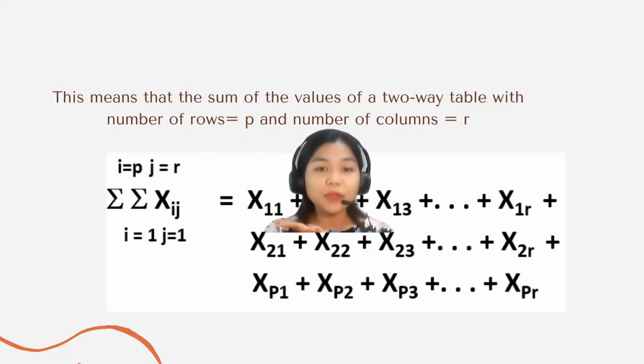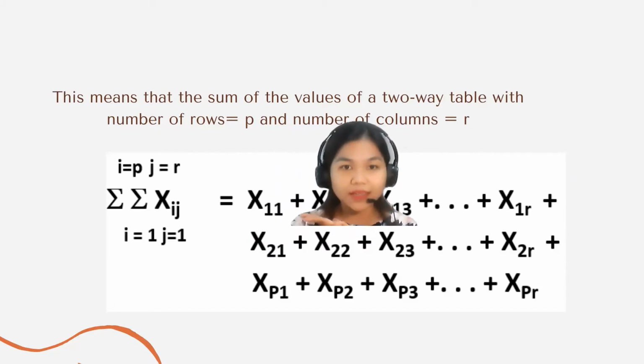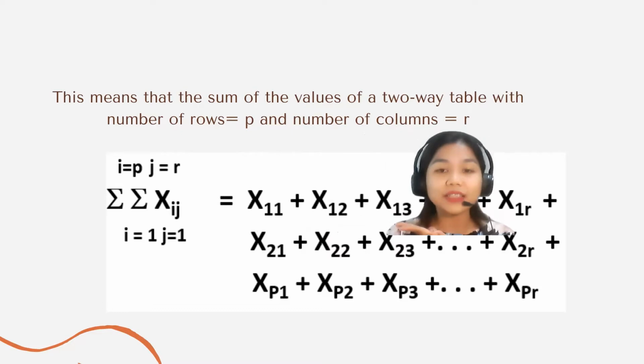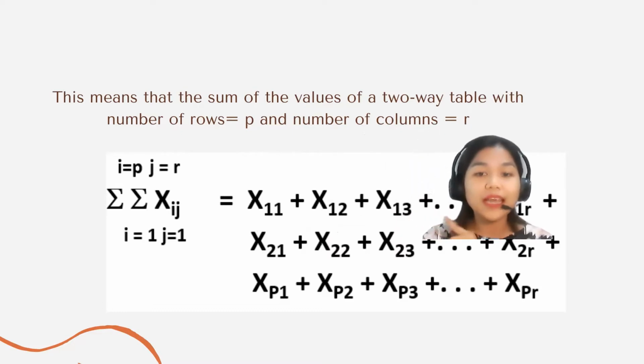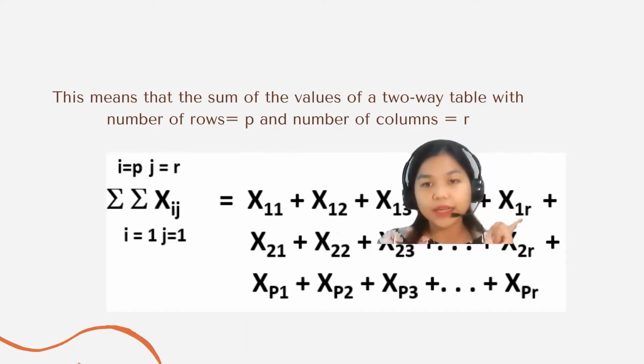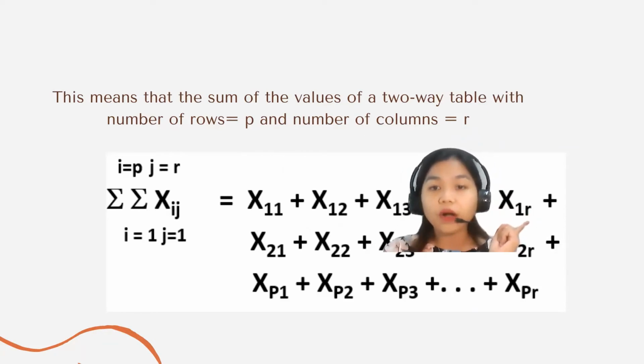So X11, paano ba to? X11 or X11 or X11? This is how we are going to read this. X row 1, column 1. X row 1, column 2. X row 1, column 3. Until you reach the last column, which is R, found on the first row.